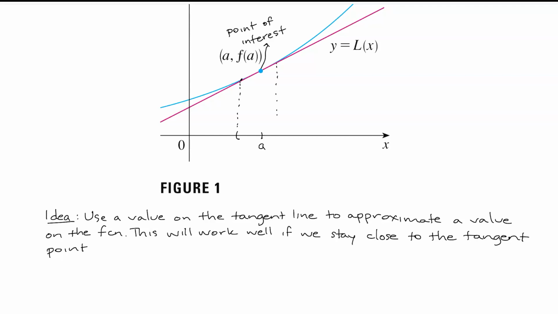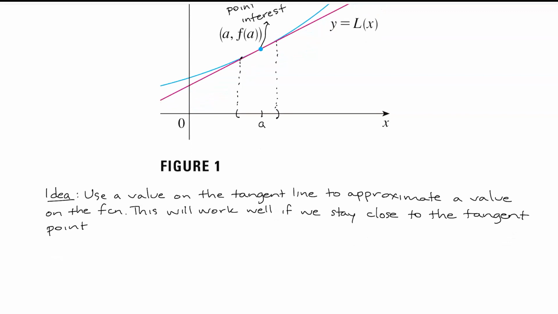But you can see that there's a portion of the picture where we really can't tell the blue graph, which is the function, and the pink graph, which is the tangent line, apart. They're very overlapping, right? So visually, we can't tell the function and the tangent line apart.